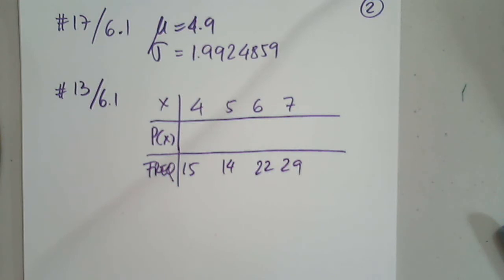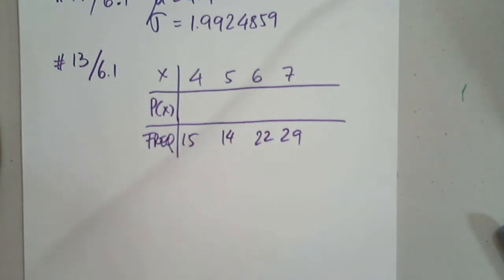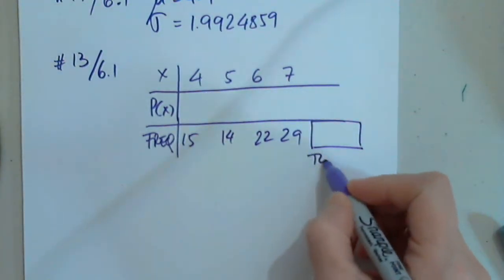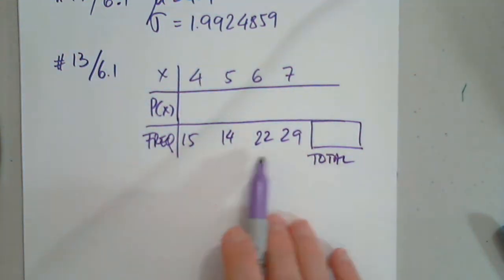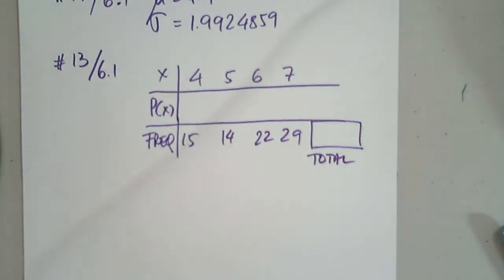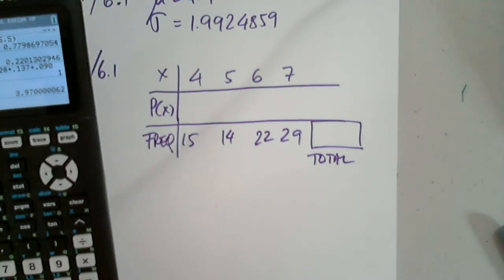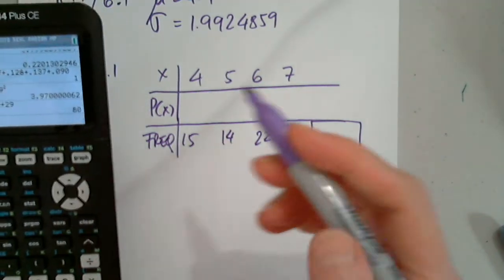Perfect. So first we want to construct the probability distribution. We always have to look at the total for the frequencies. They may have told us or not, we don't care. We still should calculate this just to make sure. 15 plus 14 plus 22 plus 29. So the total is 80.